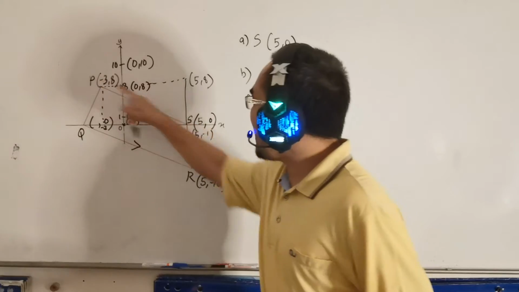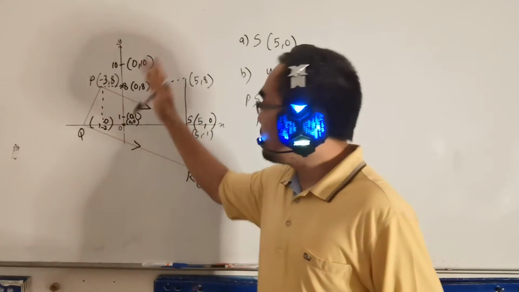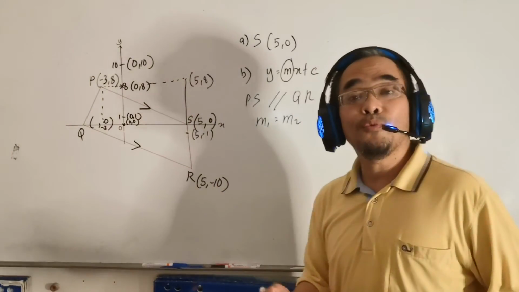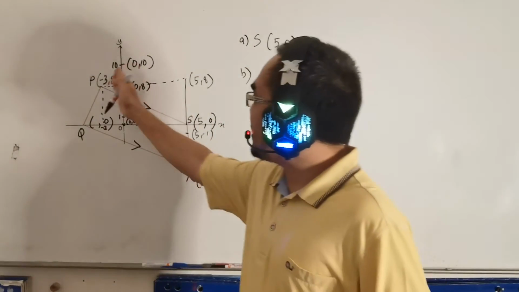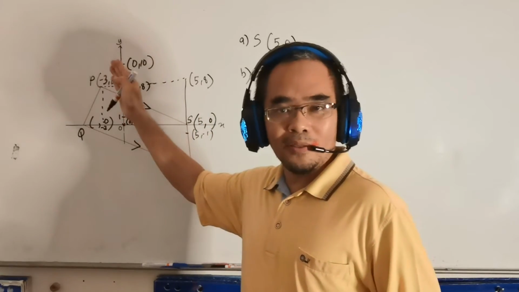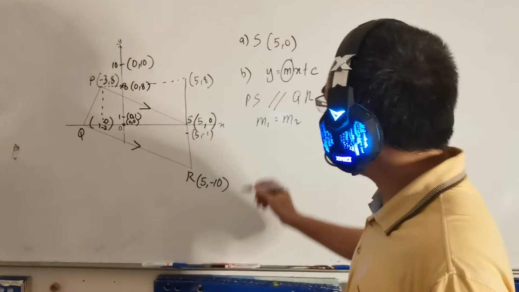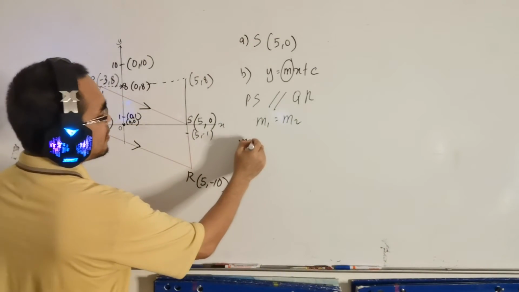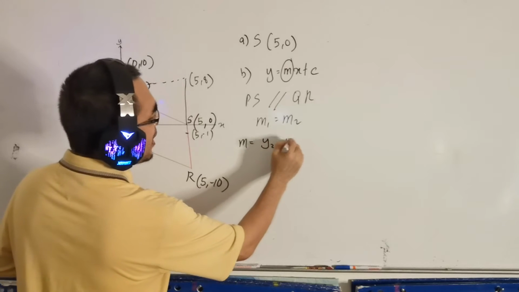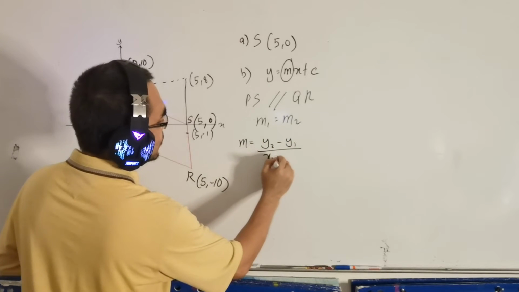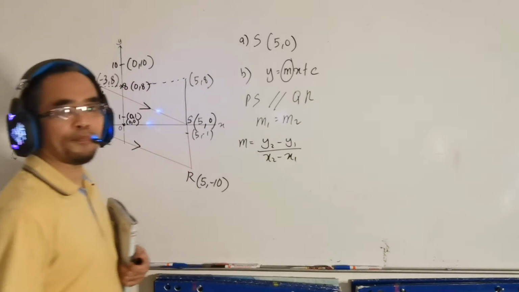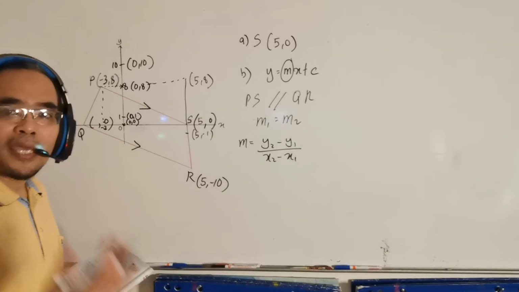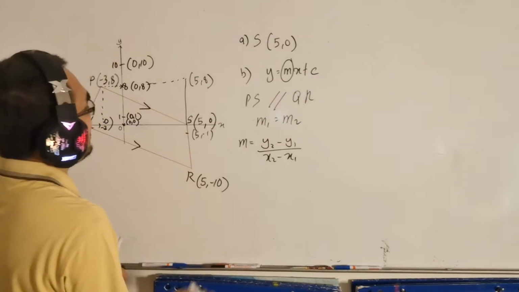So look at PS. We have the coordinate of P and the coordinate of S. How do we find the gradient if you are given two coordinates? Using the formula m is y2 minus y1 over x2 minus x1. Which one is x1 or x2 is not a problem; you have to decide.